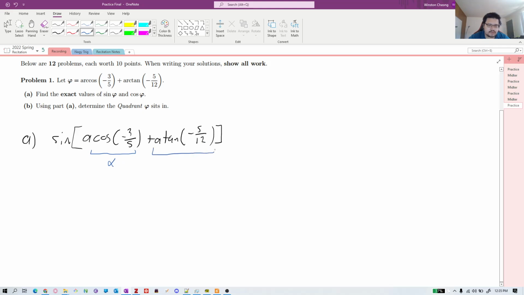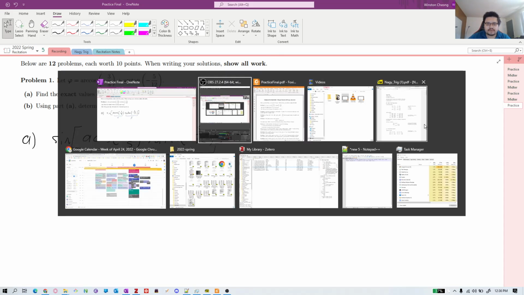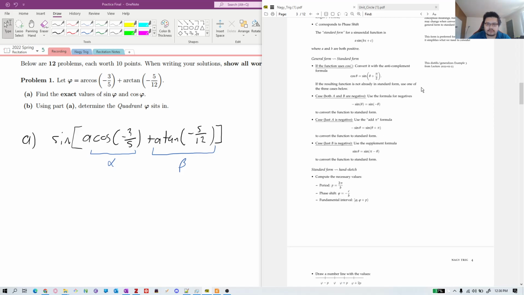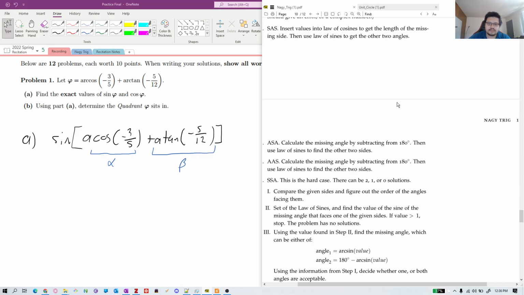So let's call this angle alpha and this beta. See, what happens is that the inverse trig functions, the input is a ratio of sides, the output is an angle. So these are actually two angles. That's kind of the type of units that you have here. And so now this is sine of alpha plus beta. If you don't remember the formulas, they are on the formula sheet.